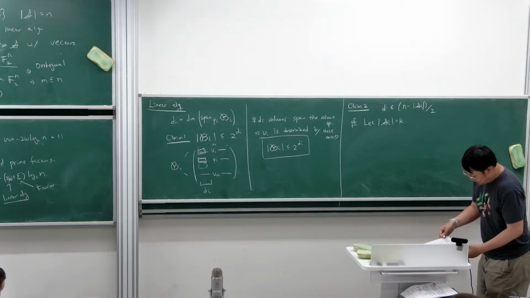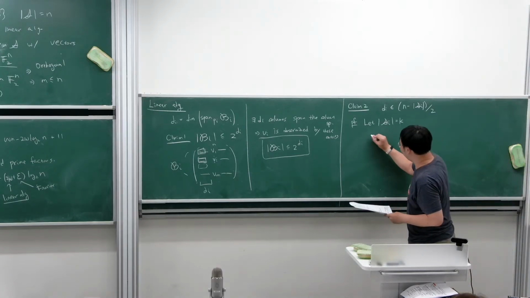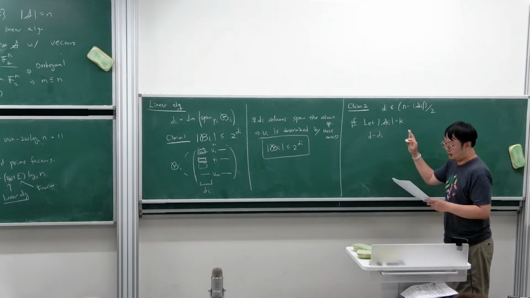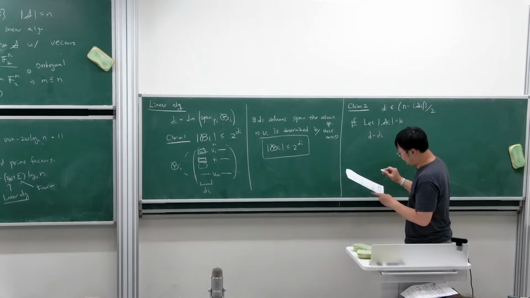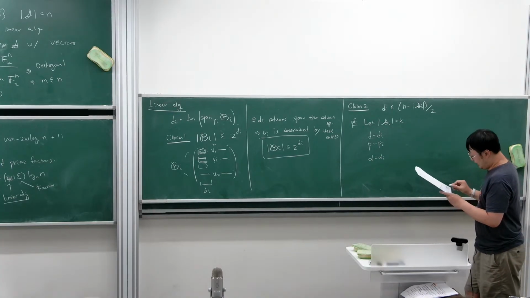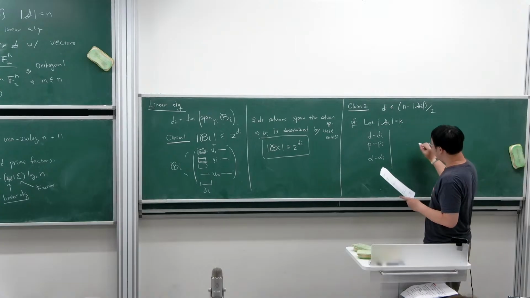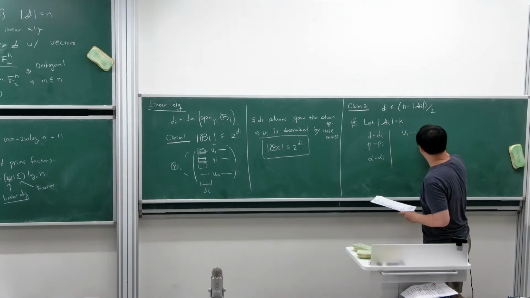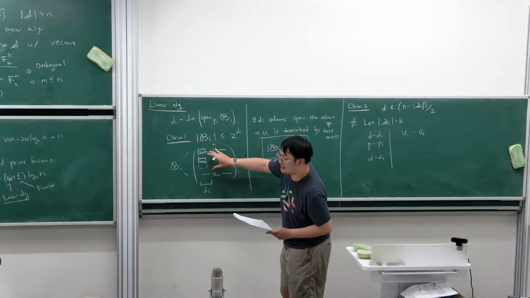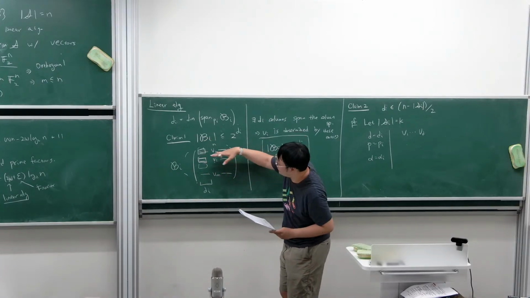Okay, so maybe let's go through a proof and see how we really do the linear algebra here. So for convenience, I'm going to drop all indices i. So I'm setting D equals Di, P equals Pi, and also alpha equals alpha i. And I'm going to assume the vectors v1 to vd. So I'm just taking part of these vectors. I want to take D vectors that span the row space.